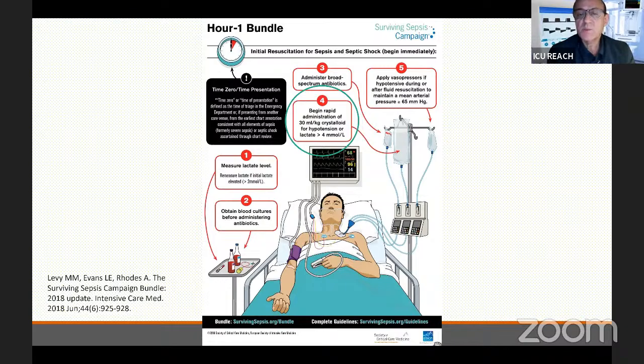Unfortunately, they do not specify whether to go with the ideal body weight, total body weight, or predicted body weight. So imagine a patient with 200 kilos. If you're going to go with 30 ml per kg based on the total body weight, this patient is going to be having more than 6 liters.